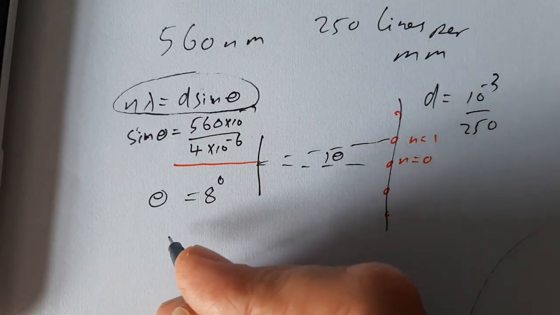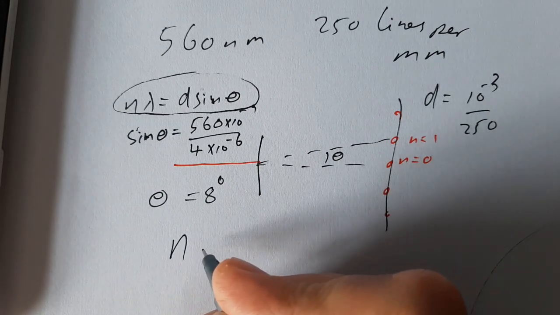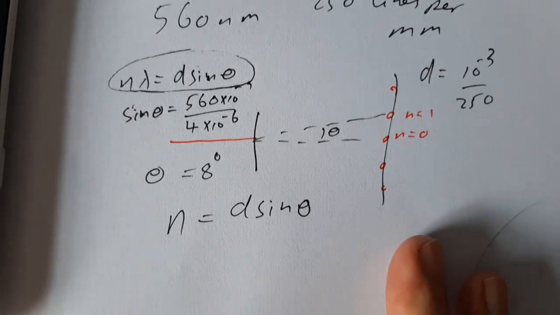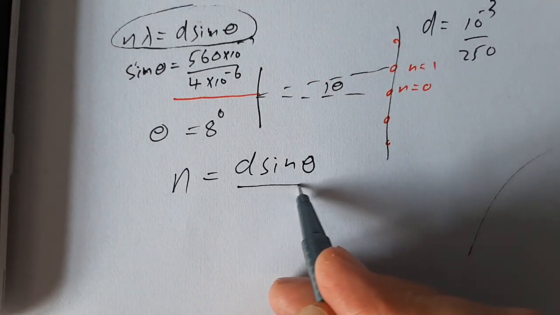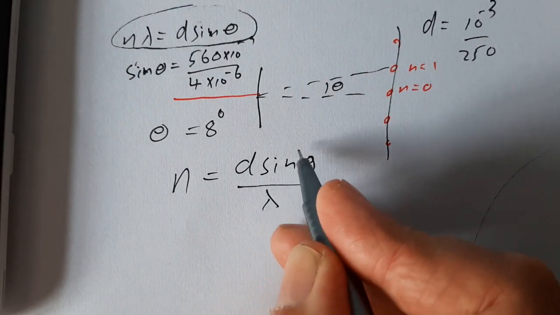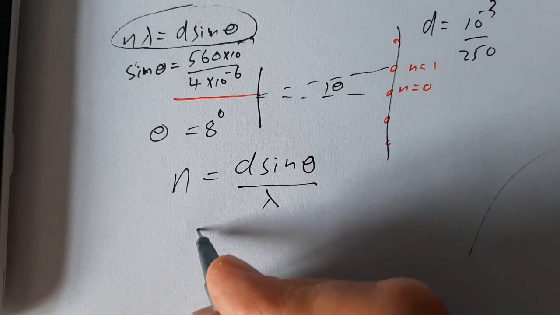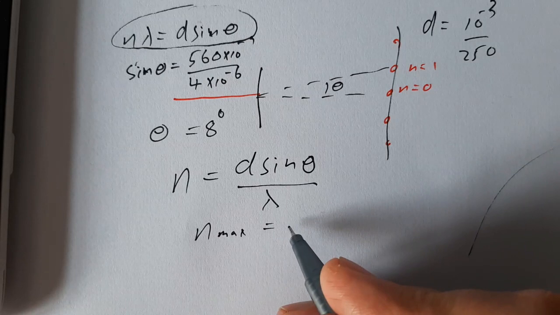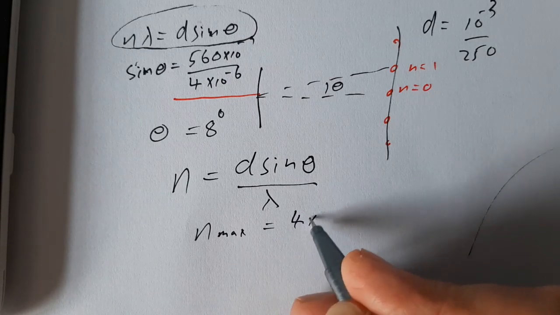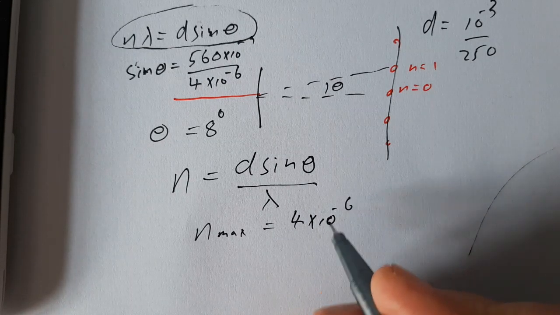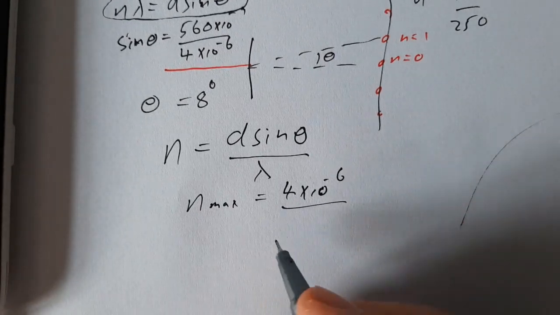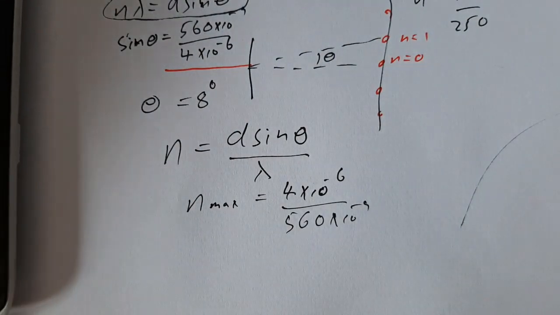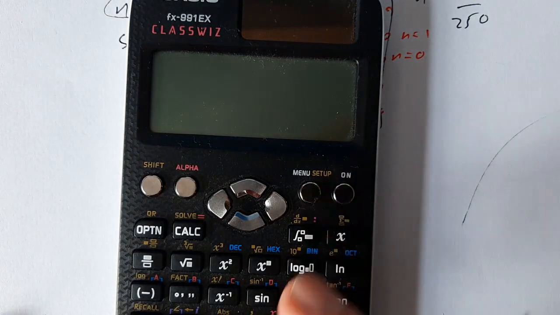So we can say that n is equal to d sine theta over lambda. But the maximum value, n max, is simply going to be equal to d, which was 4 times 10 to the minus 6, divided by lambda, which was 560 times 10 to the minus 9. So let's quickly do that.